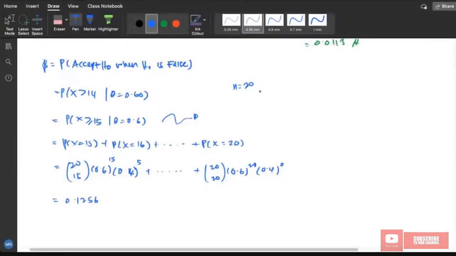So this one should be probability of x less than or equal to 5. And then this one, theta is equal to 0.4, n equal to 20, right? This one will become 1 minus probability of x more than or equal to 6, theta equal to 0.4, n equal to 20.